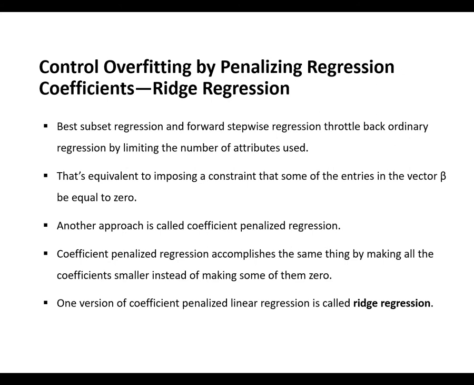We try to study the same graphs that we had studied for the other regression methods, best subset regression and forward stepwise regression. Yesterday we had studied best subset regression and forward stepwise regression. Now, what is the drawback of this method? Yes, definitely, in finding the best subset or selecting the best set of attributes one by one, a lot of time is taken up.